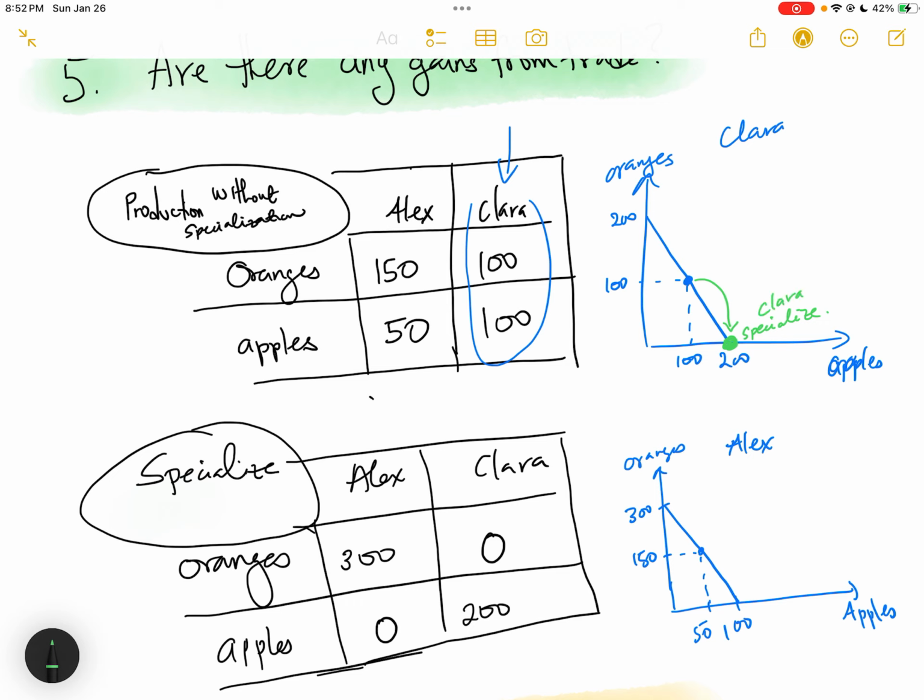Clara specializes in apples. Now, what about Alex? Alex will be specializing in oranges, and so he's going to move from his production without specialization spot to that specialization spot on the corner. So here in green, Alex specializes in oranges. You see? So that's what it will look like graphically: the production without specialization, and then when they move on to specialize.